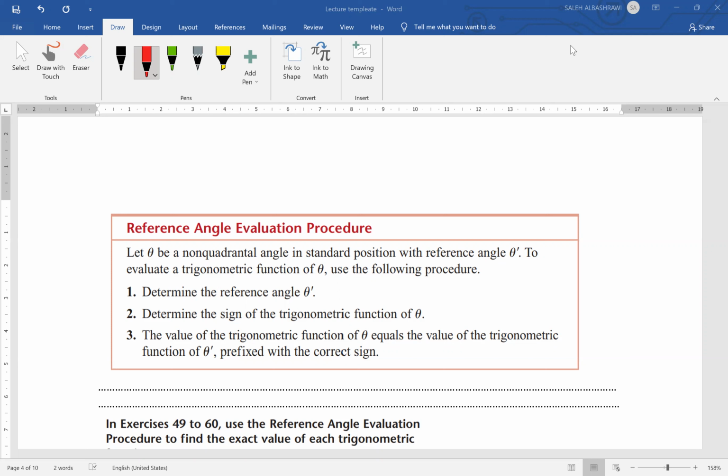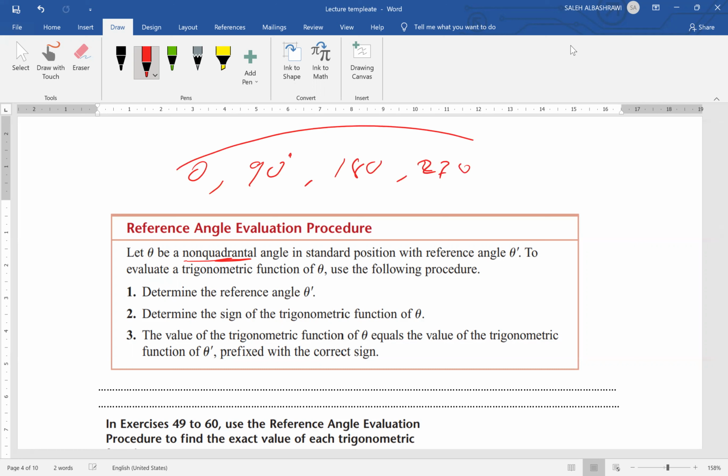In this part, we are going to discuss how to evaluate trigonometric functions for a given theta that is not in the first quadrant. Start with this procedure. Suppose that we have theta to be a non-quadrantal angle. Quadrantal means 0, 90, 180, and 270.